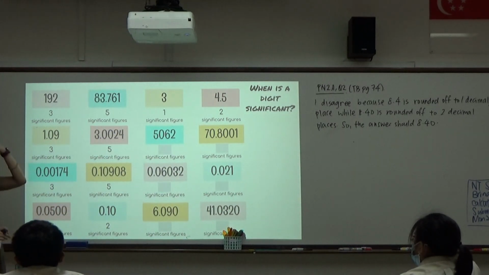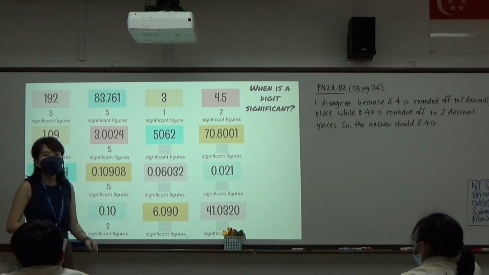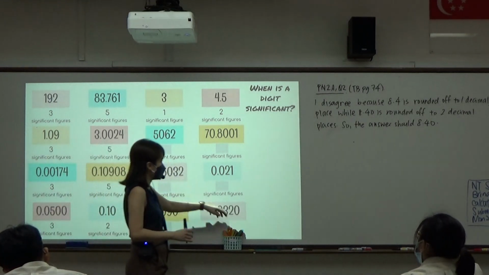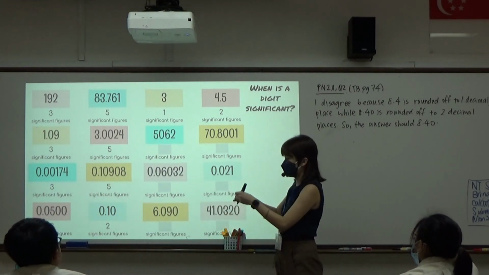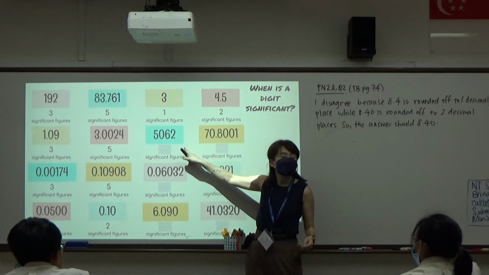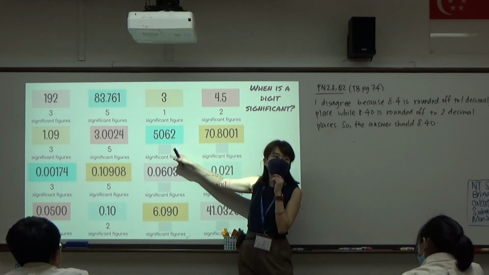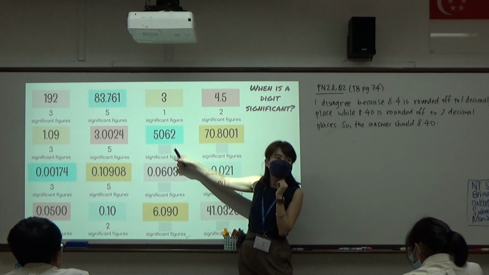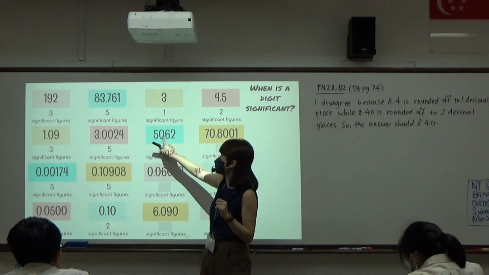Then we have 5062. How many significant figures are there in this number? Let's see, Joshua. 4. So 1, 2, 3, 4.